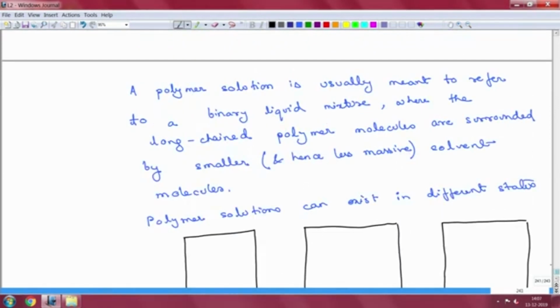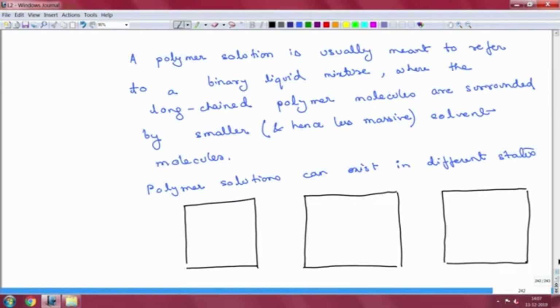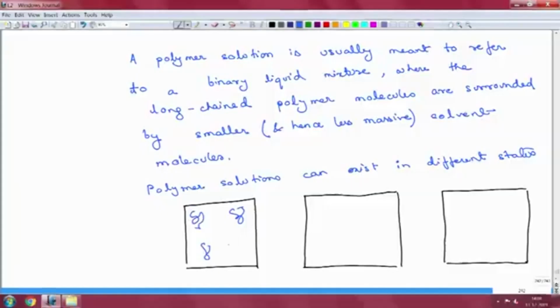Okay. So, the first and the simplest possible system is where you have, let us say, a polymer molecule. It is not exactly a globule, but it is neither all straightened out. It is a polymer coil. So, the polymer chain exists in a coil state. This is a polymer molecule in blue that I have drawn. Let us say there is another polymer molecule somewhere else, and we have a few more.